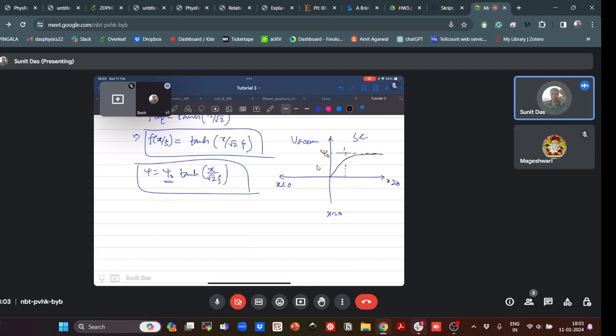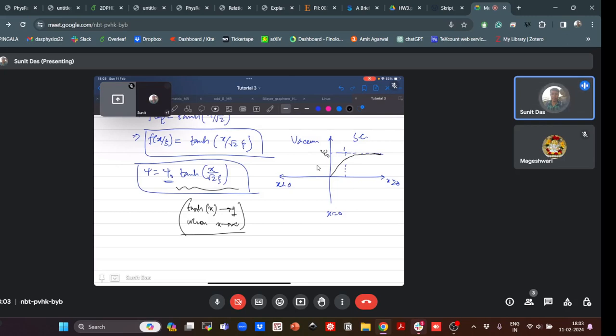Again, whatever we have said physically, if you're well within the superconductor, then it reaches psi 0. This is because tan hyperbolic of x goes to 1 when x goes to infinity, simple algebra, right? And it gradually decreases and becomes 0 at x equal to 0, where the vacuum starts, right?